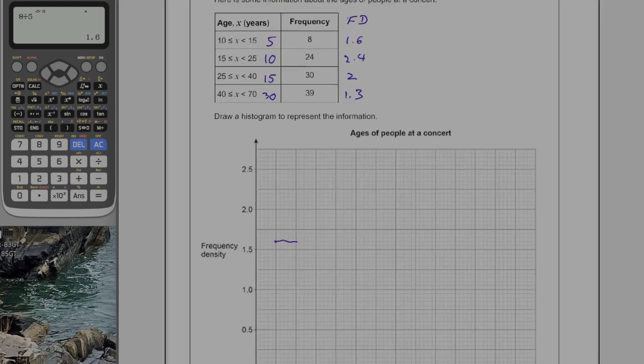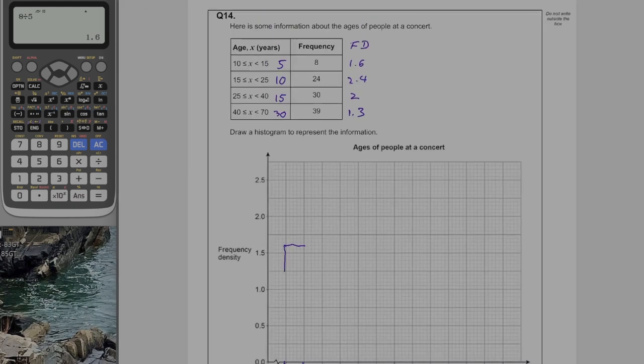Oh, that might not work. 2.4, which is going to be here. We've then got 25 to 40, and that height is 2. And then our final group is 40 to 70, and that group is 1.3, which would be here.